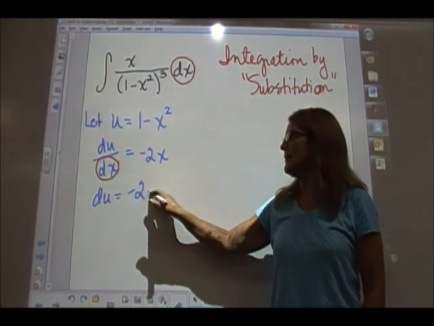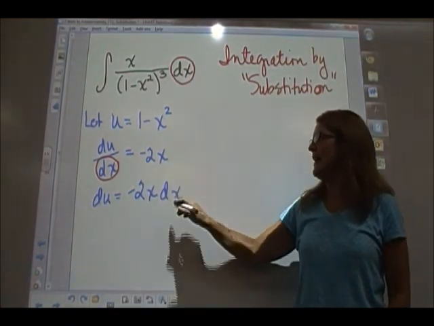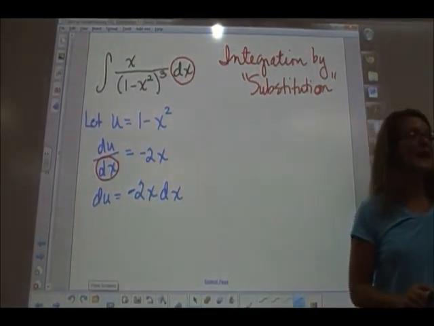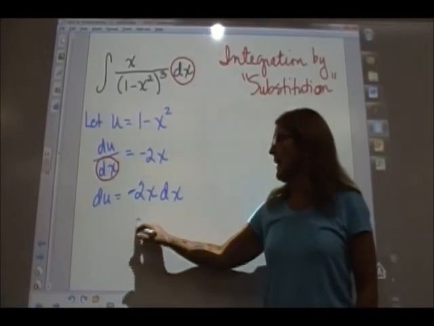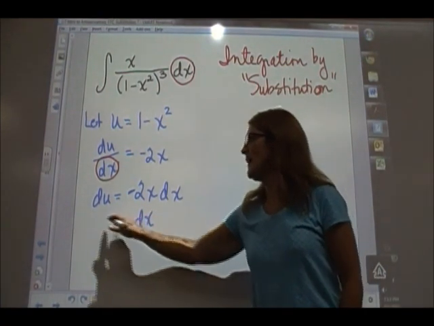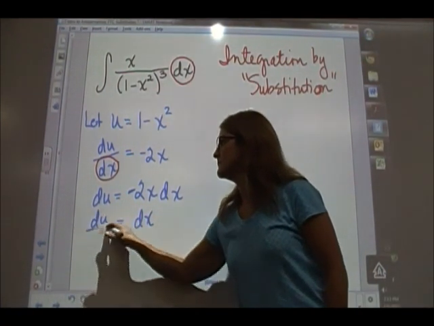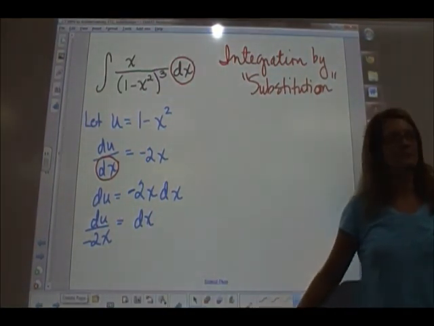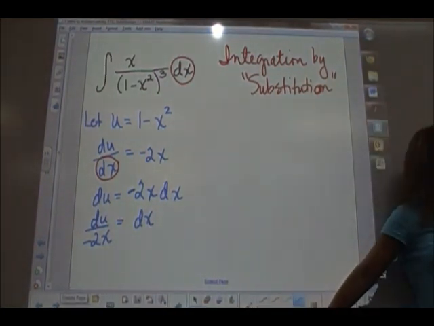I'm simply multiplying both sides of the equation by dx. That's its differential form. I'm solving for dx. So I'm going to divide both sides by negative 2x. Okay? dx is equal to du over negative 2x.